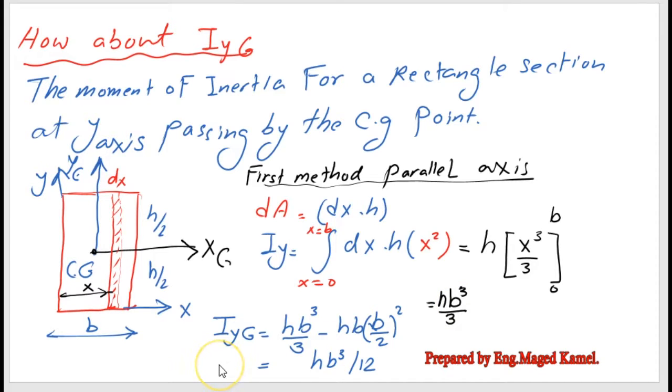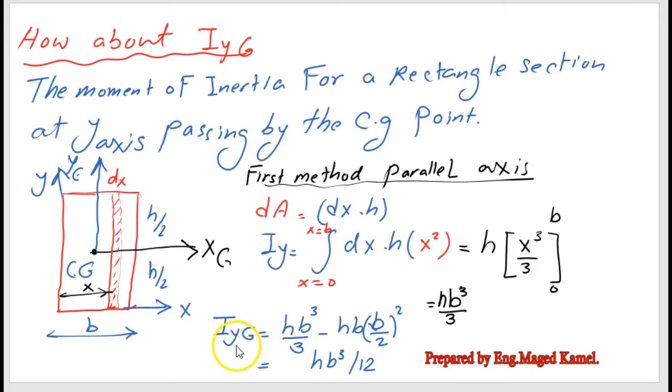If we want to estimate the moment of inertia about yg, then by using the parallel axis theory, we are going to deduct from the previous value the multiplication of the area by x bar squared. x bar is b over 2.